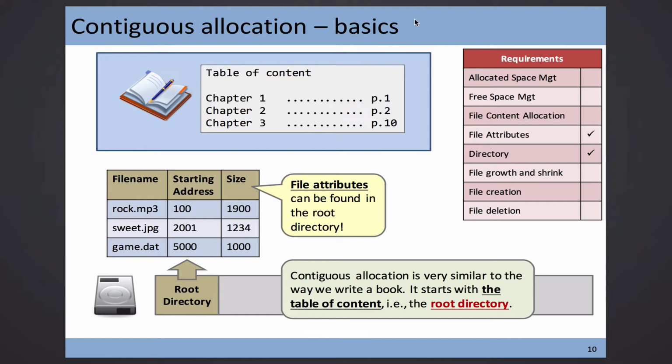Count not by words, but by number of pages. Just addition and subtraction: you subtract to get the distance between chapter 2 and chapter 1, and then you know how big chapter 1 is.